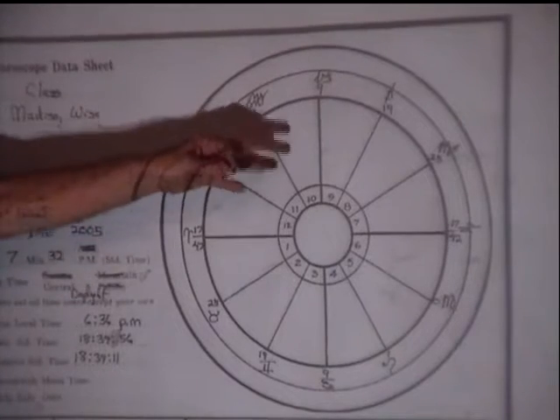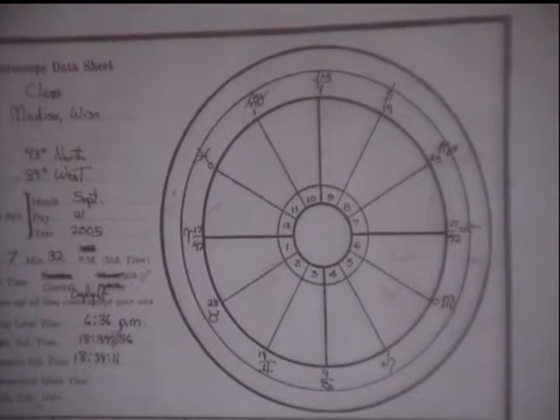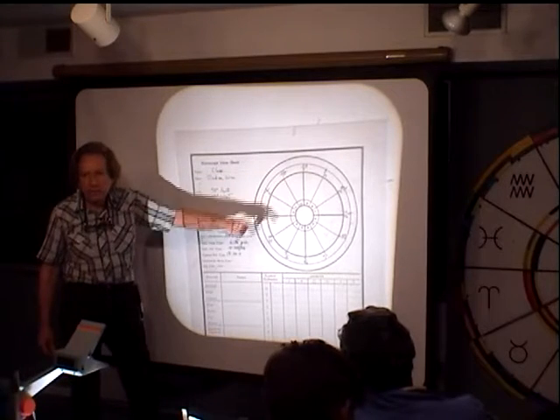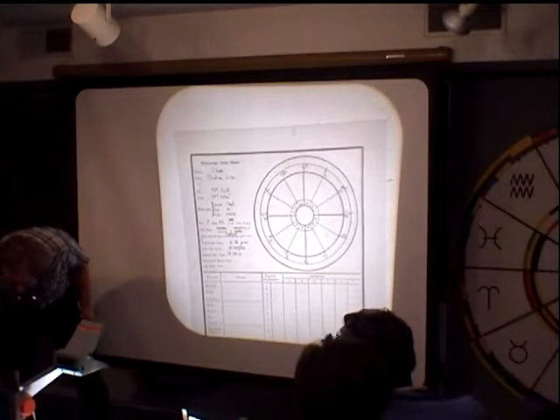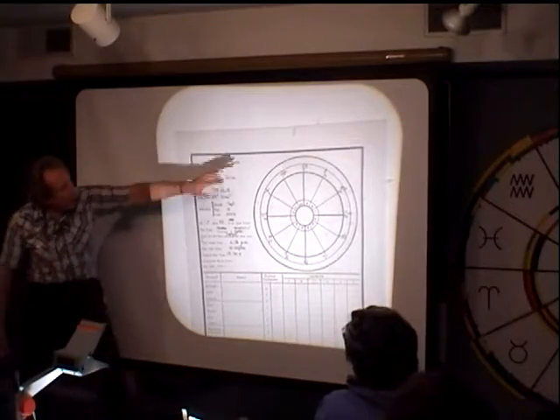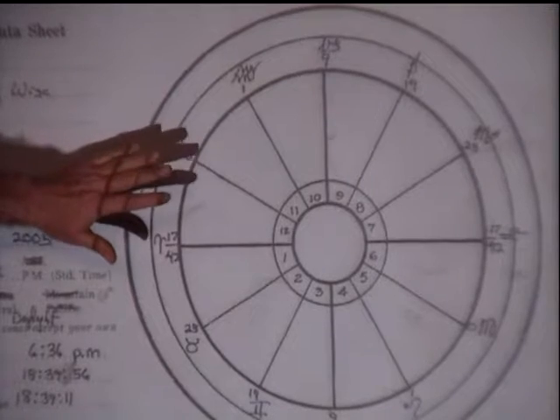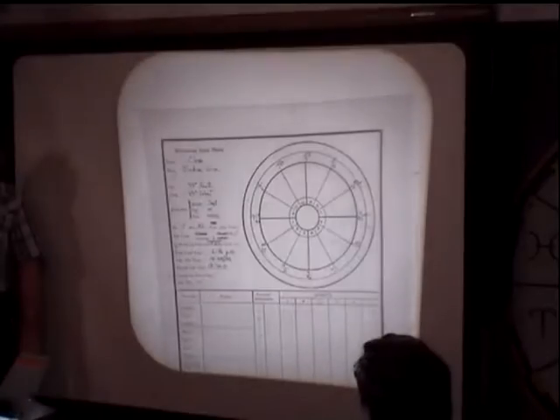No, not even 28. 22. This house is only 22 degrees in size. How does that happen? Well, they all average out to being 30 degrees, but some are larger and some are smaller. And this is what is called obliquity.